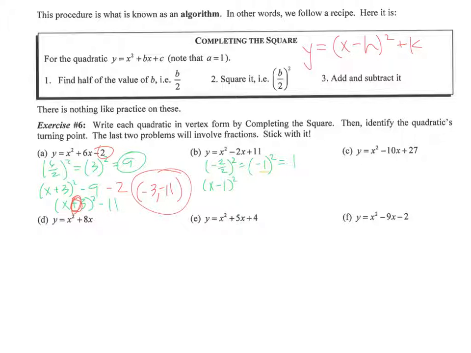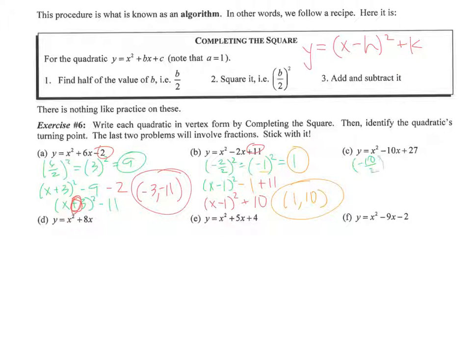Since we need to subtract our c, we subtract 1, and since we can't forget what we started with, we have a plus 11, so it becomes x minus 1 squared plus 10. So our vertex is at 1, 10.